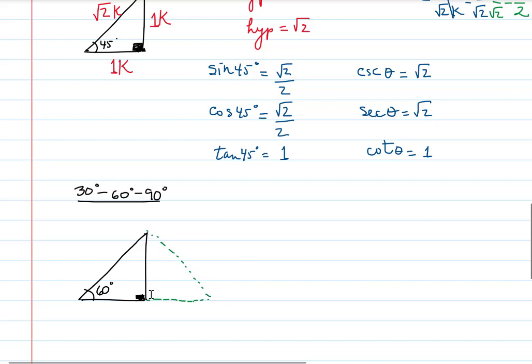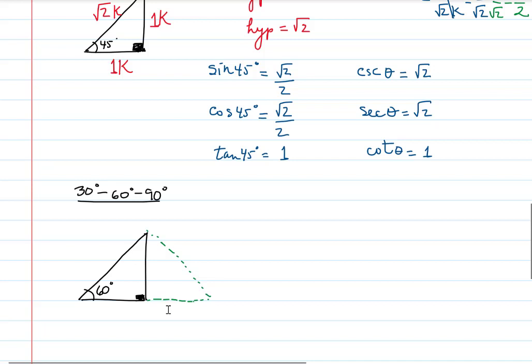Now, if I draw up a perpendicular here on one of the sides, it doesn't matter. I'm just picking the one on top here just to make it easy to see. Because all of these sides are the same, this perpendicular is actually bisecting this angle here, and it's also cutting this side where it lands here in half.